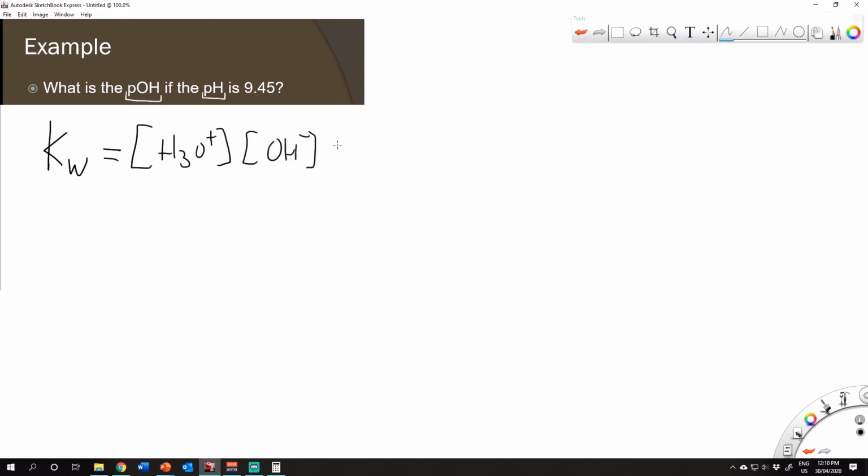And if you remember, this Kw has the following value: 1.00 times 10 to the negative 14. So I can sort of see, if you recall this from earlier, how the concentration of H3O plus and the concentration of OH minus are related, because if I multiply their concentrations together, I come up with this value here. How does that help us?